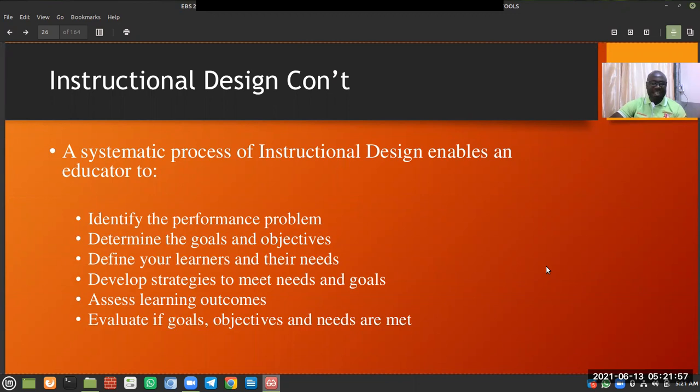It enables an educator to identify the performance problem, determine the goals and objectives, define the learners and their needs, then develop strategies to meet those needs and goals, after which an assessment of learning outcomes is done. Finally, we evaluate if goals, objectives, and needs are met.